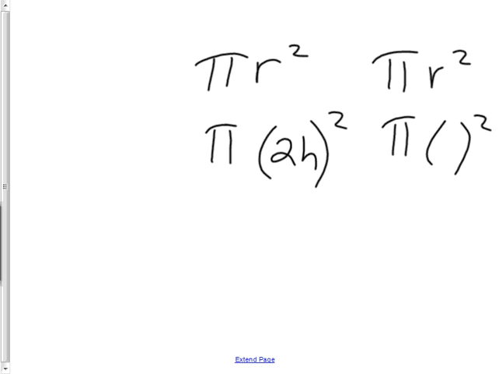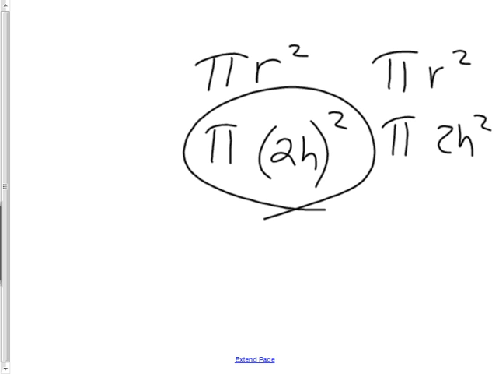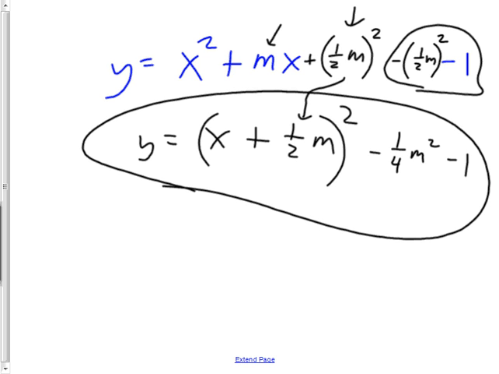If you don't put the parentheses there, if you're just kind of lazy about it, and then you throw in 2h here, you get how that's totally different than that? That would be 4h squared, and that one's only 2h squared, and that would be wrong because you don't have the parentheses and it's not getting done right. Okay, so moral of the story, in that problem we just had, this needed parentheses around the 1/2 because we want to do that first. Half of it first, and then you square it.